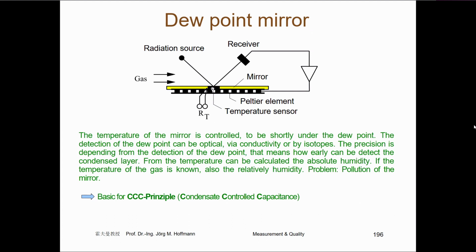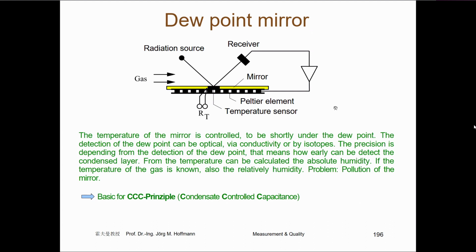When you have a gamma radiation source and a detector, you can detect this point much earlier, because water shields the gamma radiation extremely. And then you detect the point much earlier than with light.